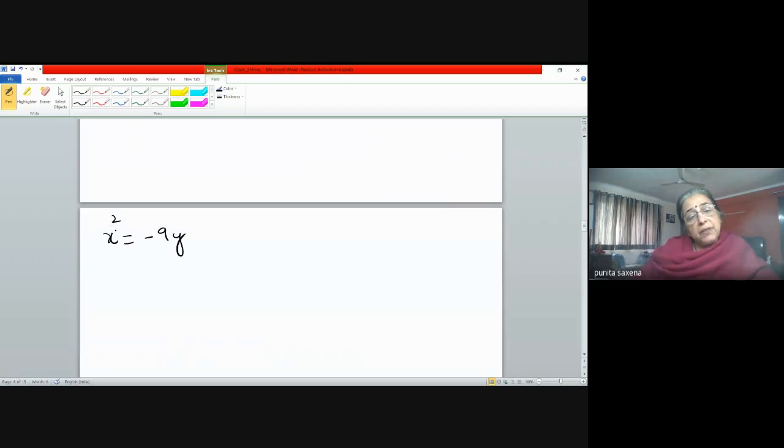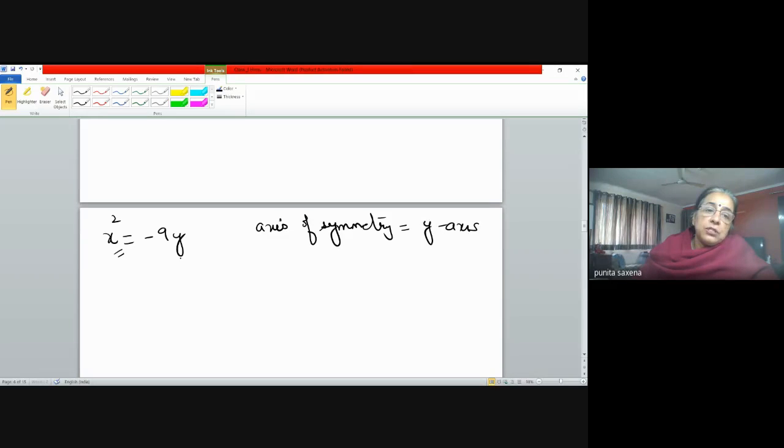Now, because we have x square, so that means the axis of symmetry in this case is which line? The y-axis, right?